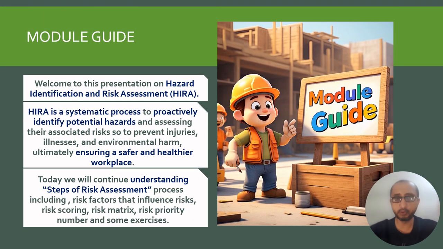Module guide. Our module is hazard identification and risk assessment, the HIRA process, which is a systematic process to identify all the potential hazards and effectively control them to avoid any harmful impacts of those hazards. So in today's module, it covers the third step of the risk assessment process, which is risk evaluation, including the risk factors that influence the risk scoring, risk matrix, risk priority number, and existing control measures.